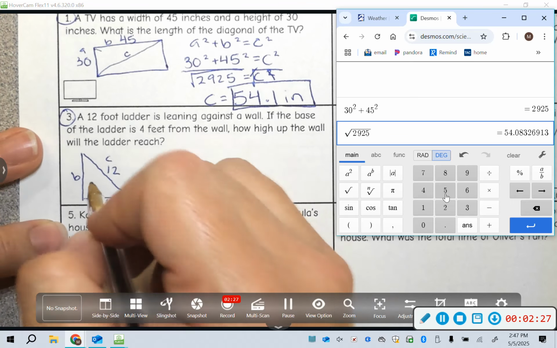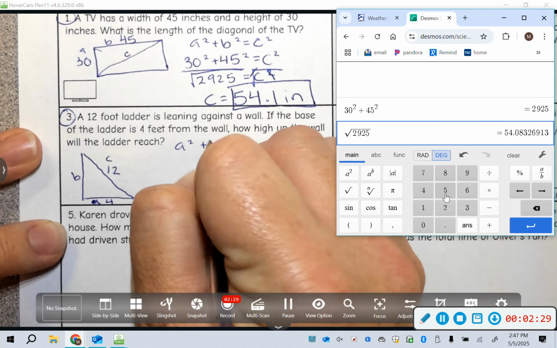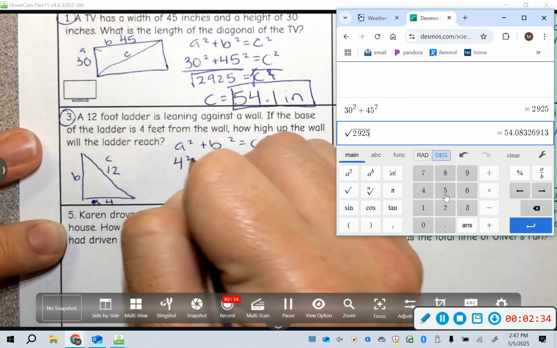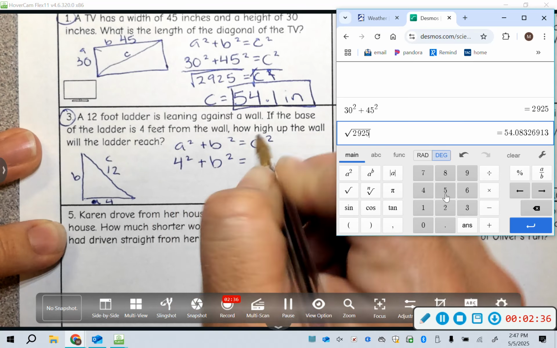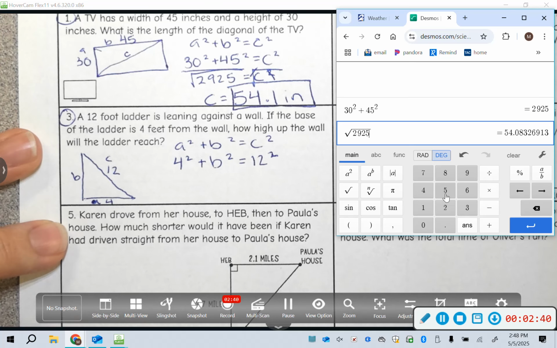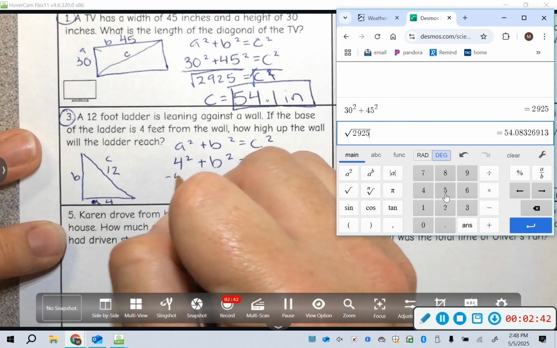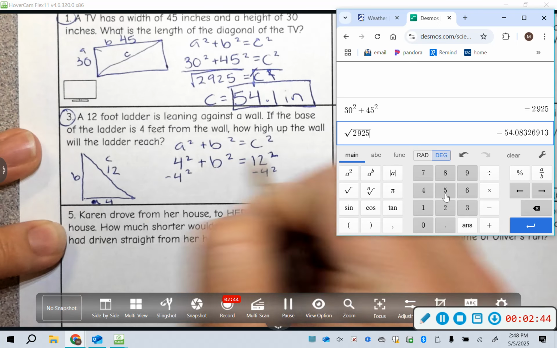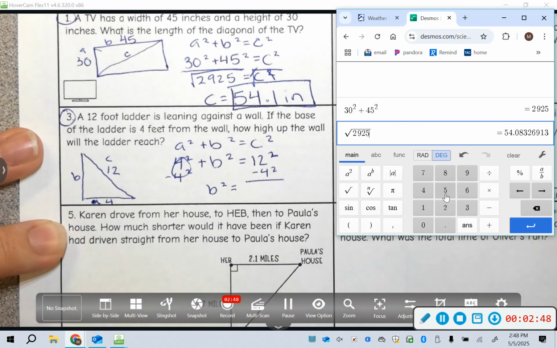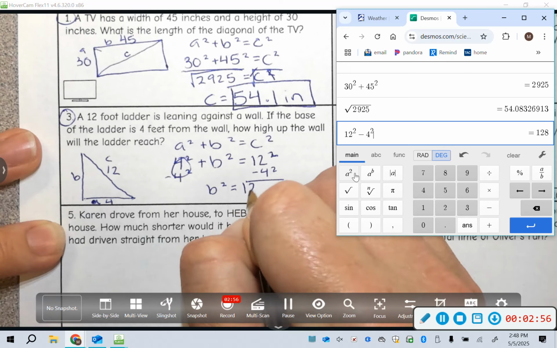We have to find B. So we know A squared plus B squared equals C squared. We know A is 4, plus we don't know B, and we know C squared is 12. Now remember, when we're looking for a shorter side, we subtract. So minus 4 squared. And I get B squared equals, I type this in my calculator, 12 squared minus 4 squared is 128.